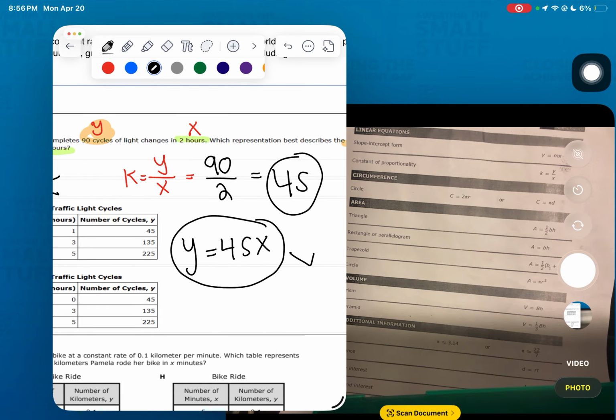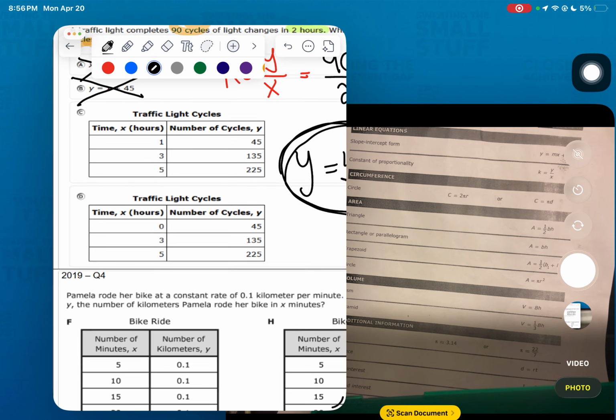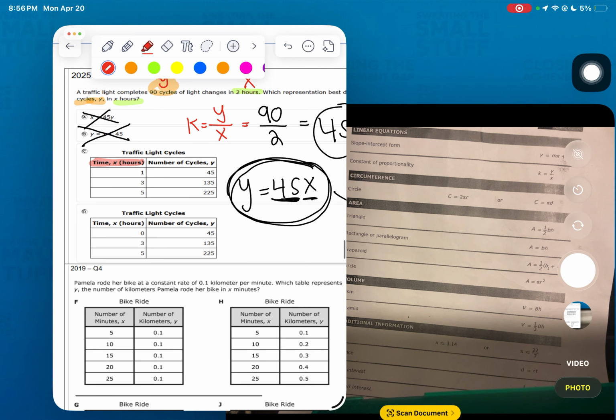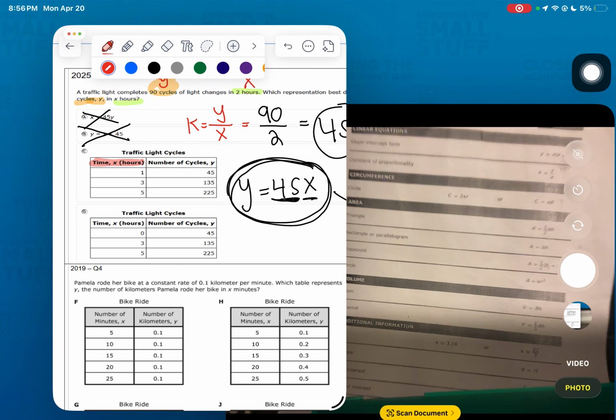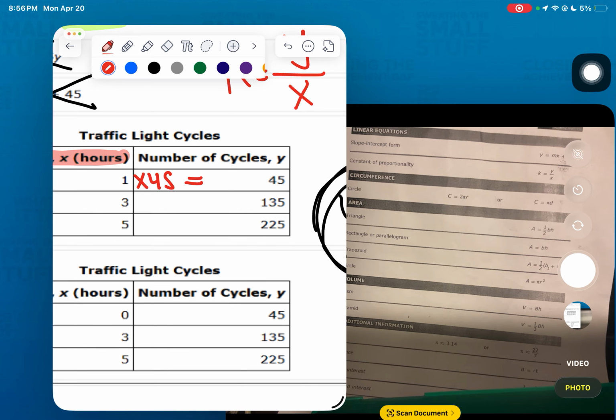Entonces, if I'm telling you this is the right one, notice how 45 is multiplying x. So that's what we're gonna do in our two tables. On the left side, you have the x values. So we need to check, we need to make sure that each x value is being multiplied by 45.